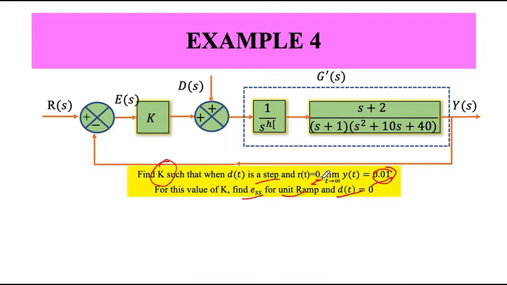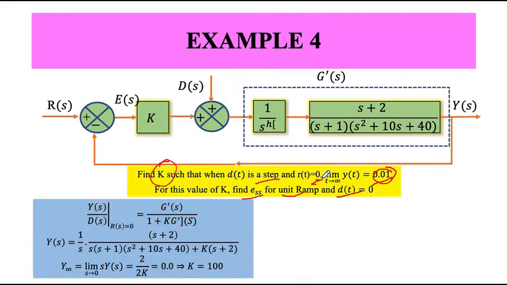So let's do the first part. Find k which, under step disturbance and no input, will give me an output at steady state equal to 0.01. Okay, so this is my Y(s) by D(s), with R(s) equals to 0, g dash s over 1 plus k g dash s.